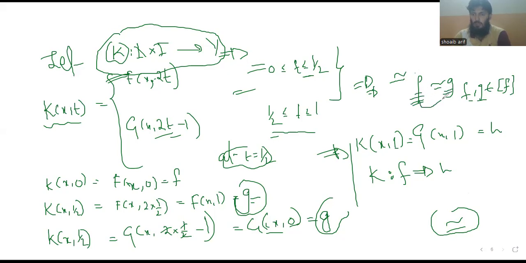All the maps belong to the same class, which is the class of f. All the homotopic maps belong to this, meaning this is one element.